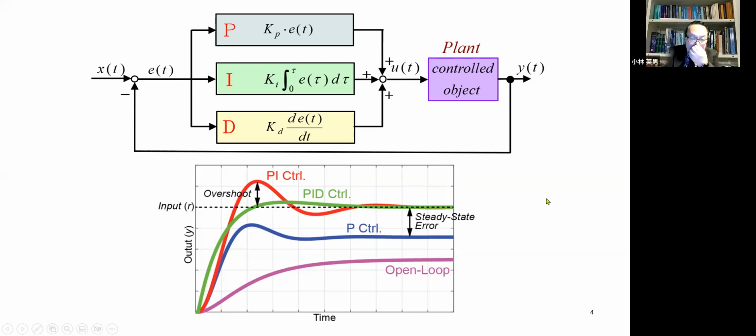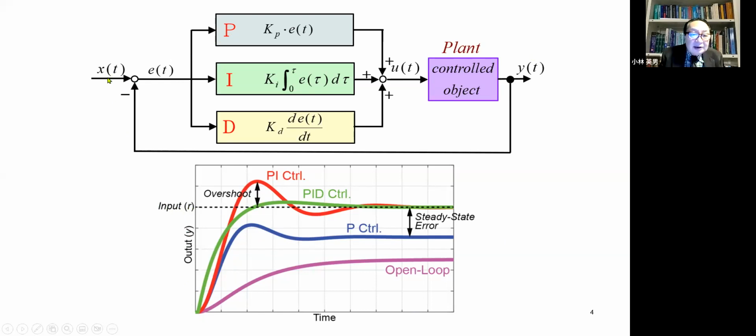When we do P control only, P control here, the blue one, the input is R. Here, input is also called reference, so the character R is used.